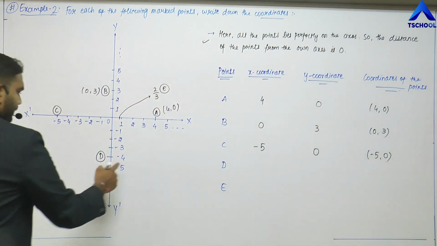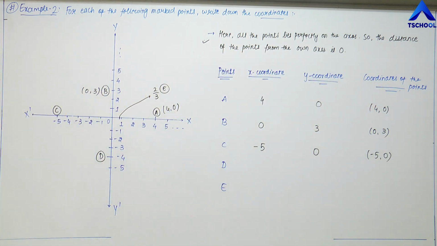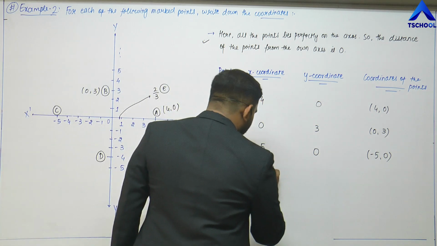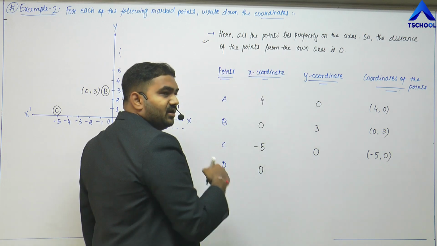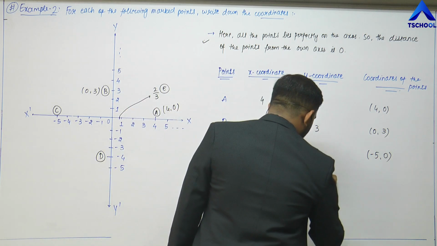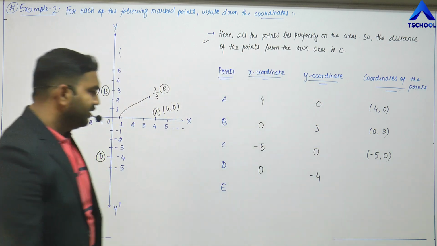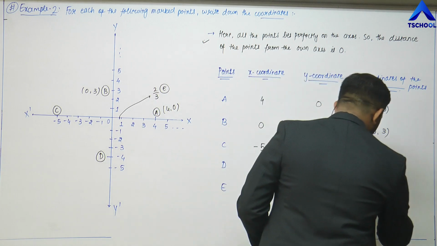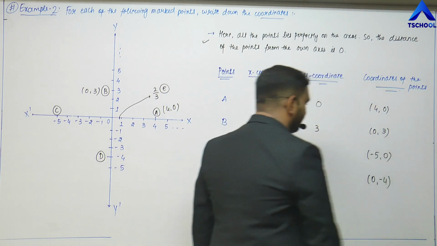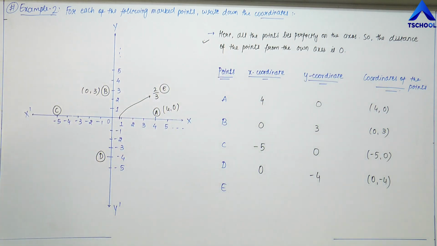Point D is lying at -4 on the negative y-axis. If it is lying on the y-axis, it will have its x coordinate 0 as discussed, and it is -4, right? Because it is lying at -4, we can write it down as 0 comma -4, right?